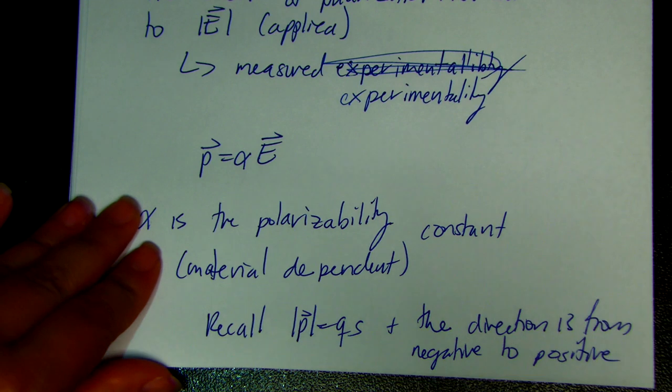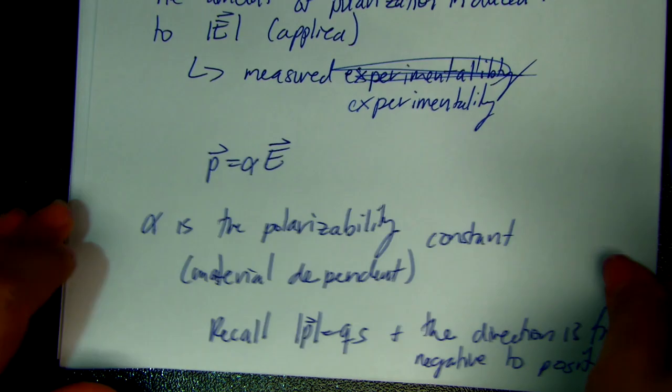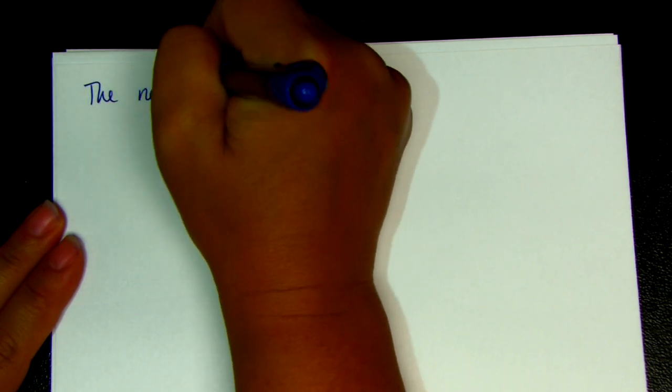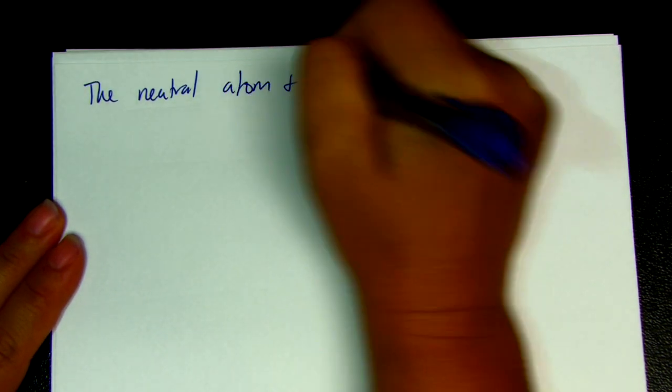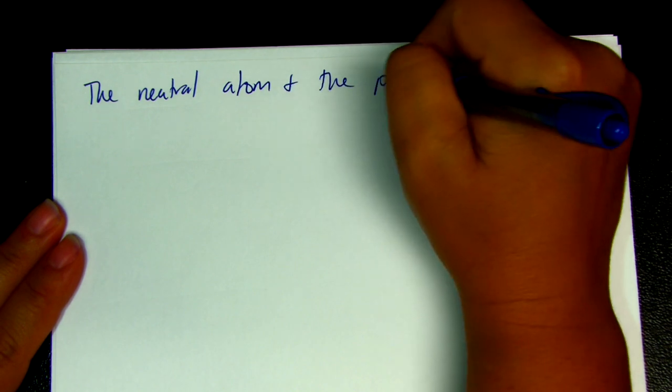All right, so let's look at how this happens. So we can tell the story of the neutral atom and the point charge.